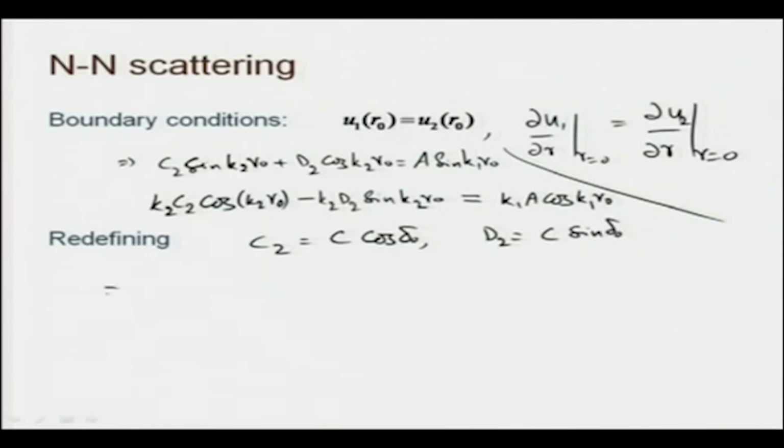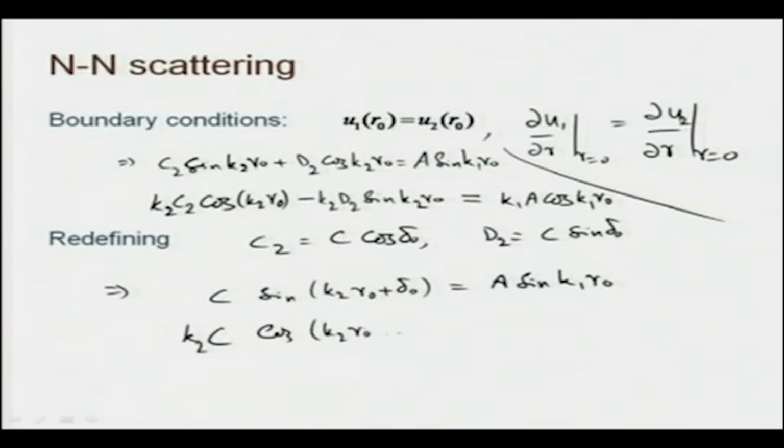So, this will give the boundary conditions to be C sin of k 2 r 0 plus delta 0 equal to a sin k 1 r 0, okay, and k 2 C cos of k 2 r 0 plus delta 0 equal to k 1 a cos k 1 r 0.